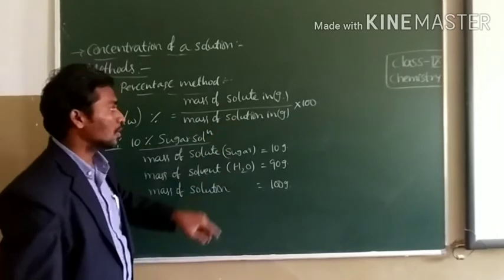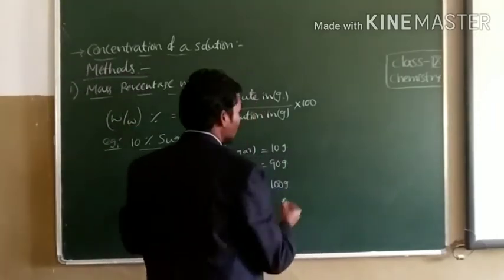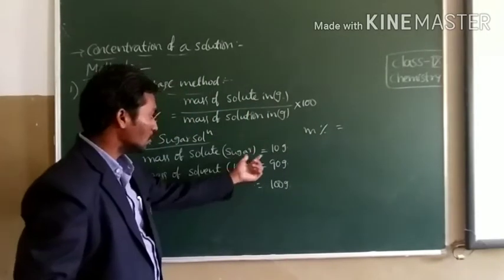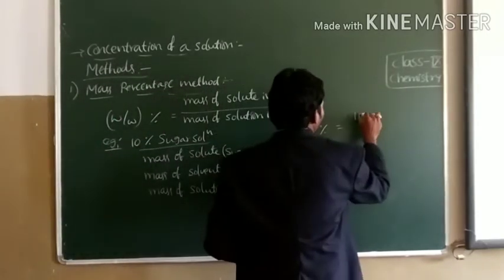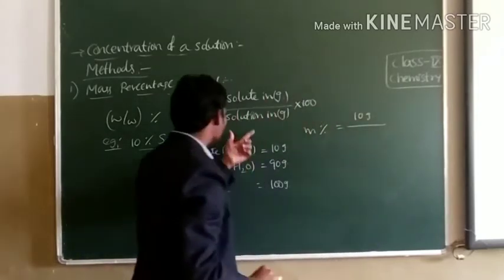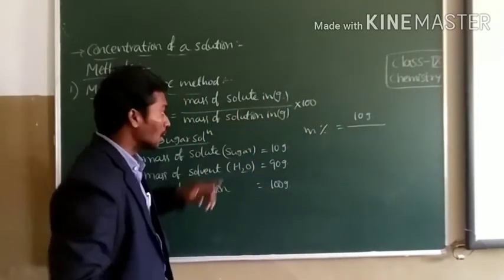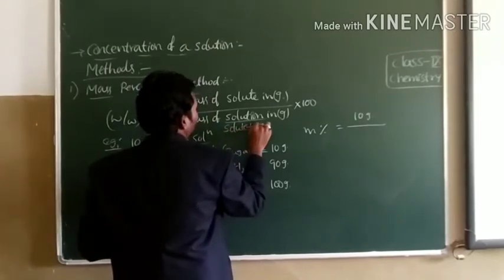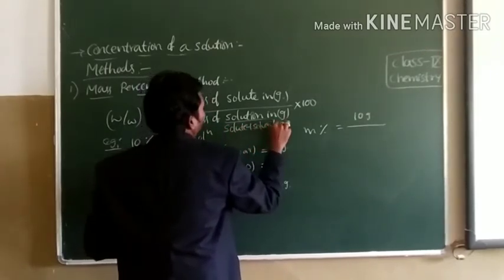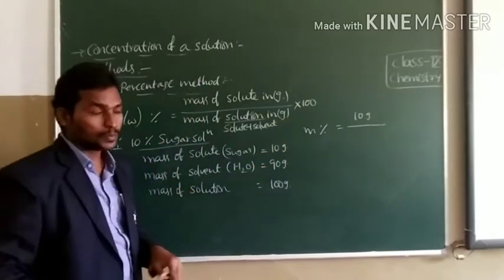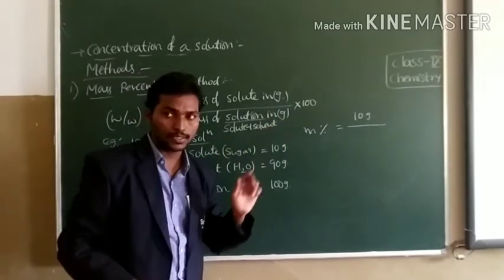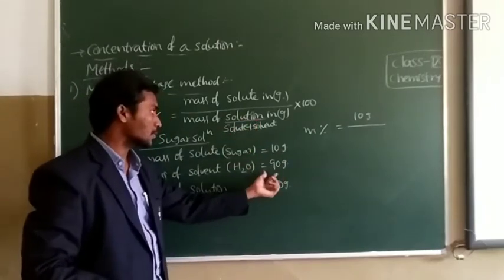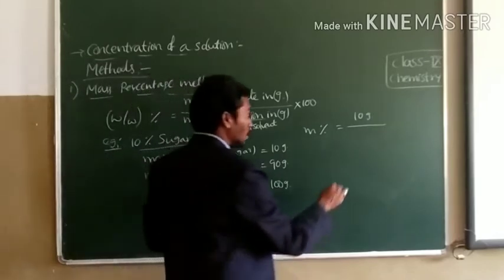Substitute the values in the above formula. Mass percentage, or weight percentage, is equal to mass of solute, 10 grams, by mass of solution. Mass of solution is nothing but mass of solvent plus mass of solute, because a solution is a homogeneous mixture of solvent and solute, as we discussed in the previous session.